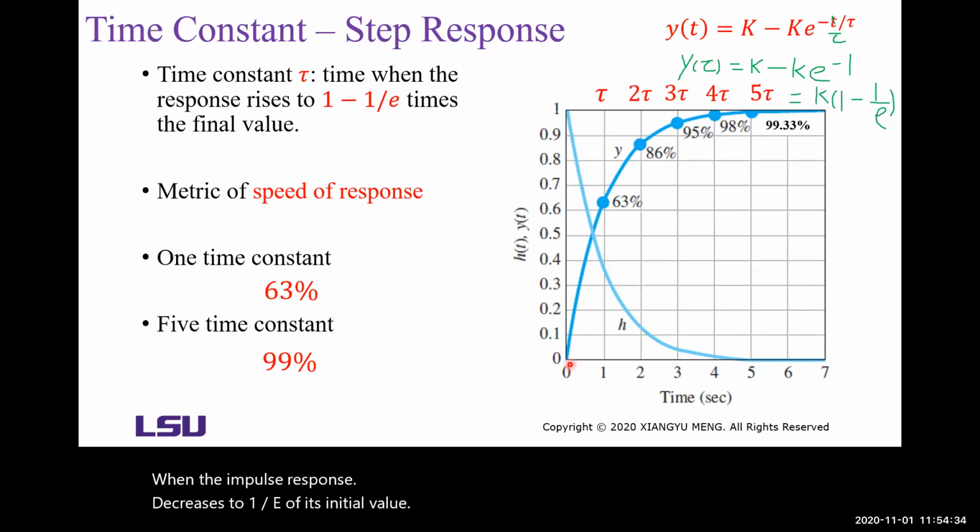Here, let's focus on the step response. We use the time constant to measure the speed of the response. This plot is drawn with K equal to 1 and tau equal to 1.